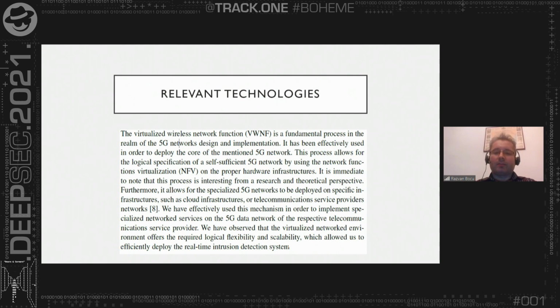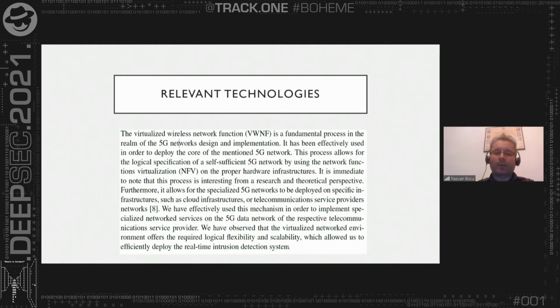The reason is fairly straightforward to explain, as it ensured that a self-sufficient 5G network was created, and it was easily deployed and maintained on the respective hardware infrastructures. It is relevant to say that we have effectively used this mechanism for the implementation of quite specialized network services on the 5G network.